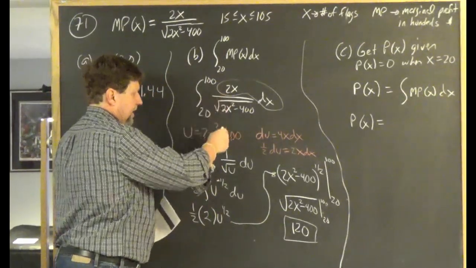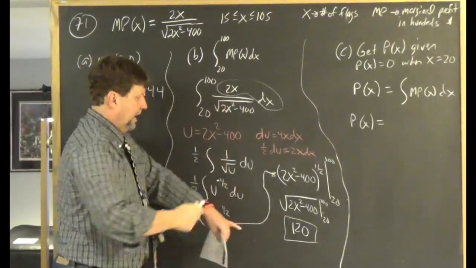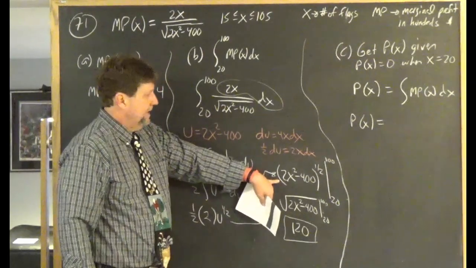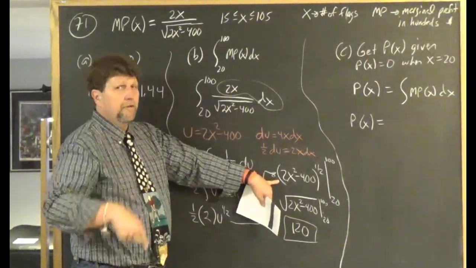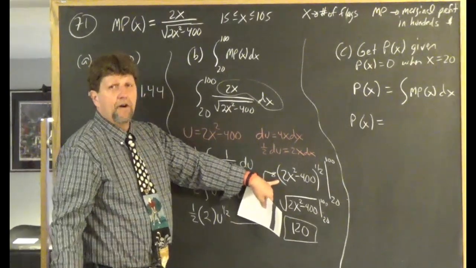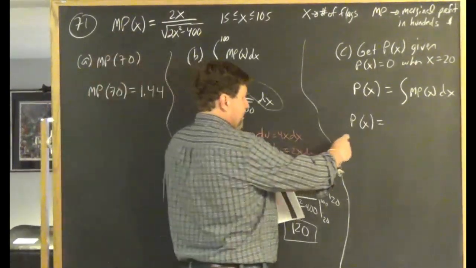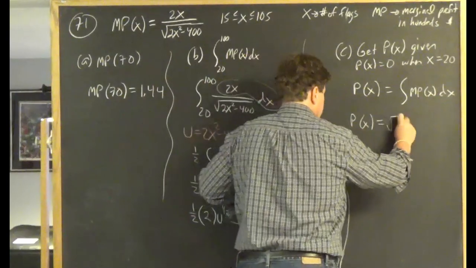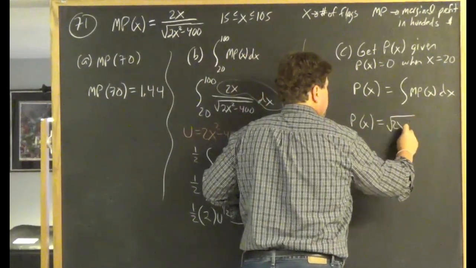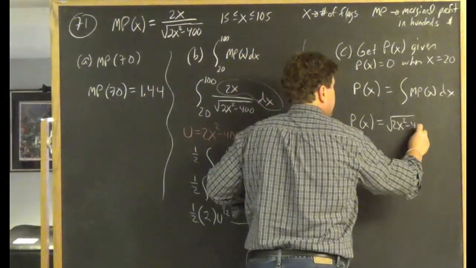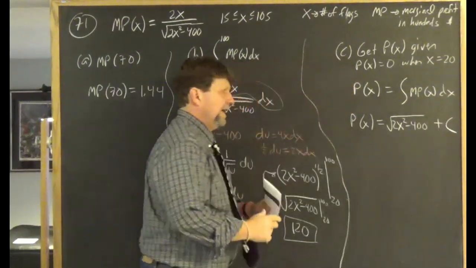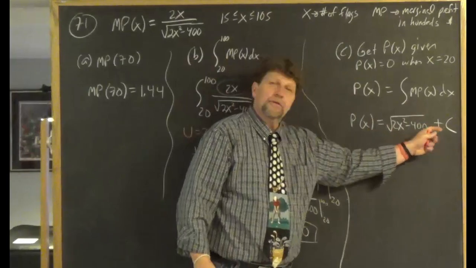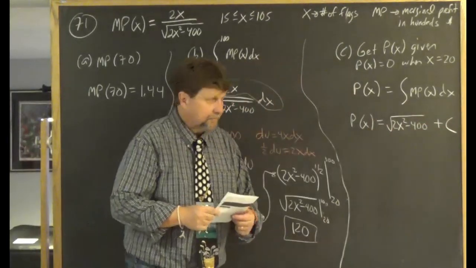We integrated this, and we came up with this as being the antiderivative of marginal profit. I'm not going to go through all that work again. I've already done it. So I have the square root of 2x squared minus 400 plus c. It's an indefinite integral, so there would be a plus c.